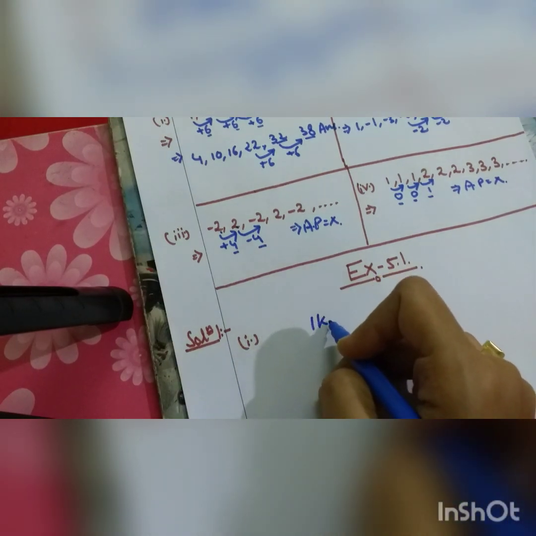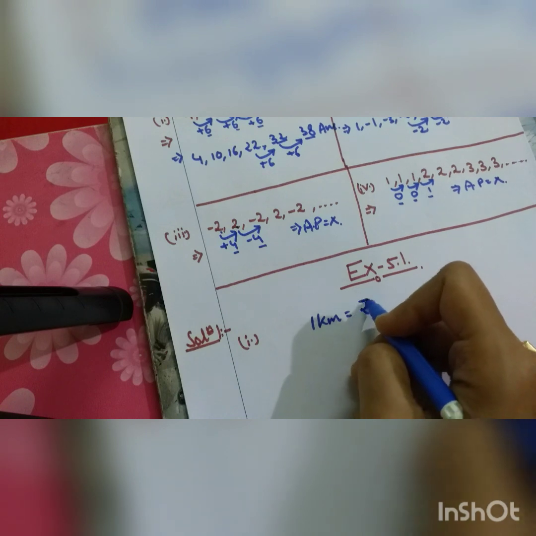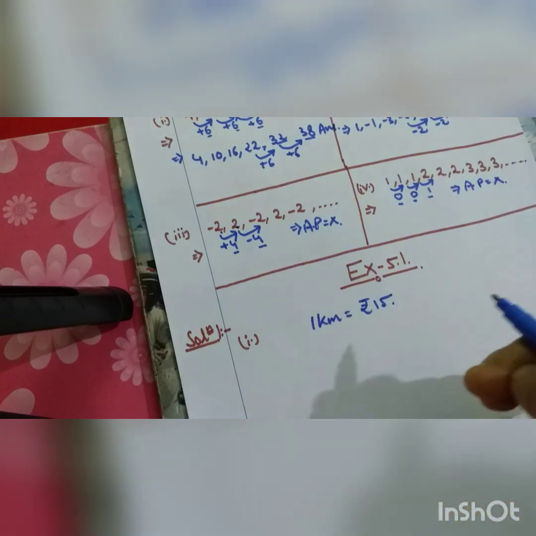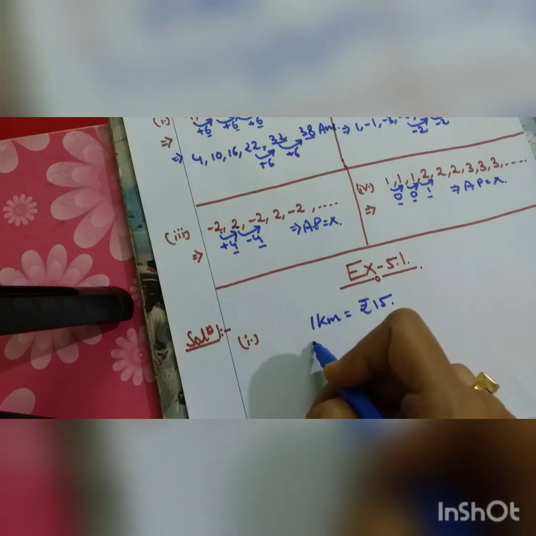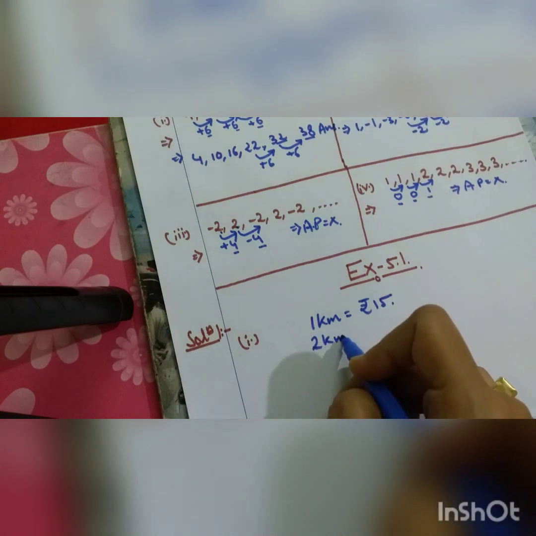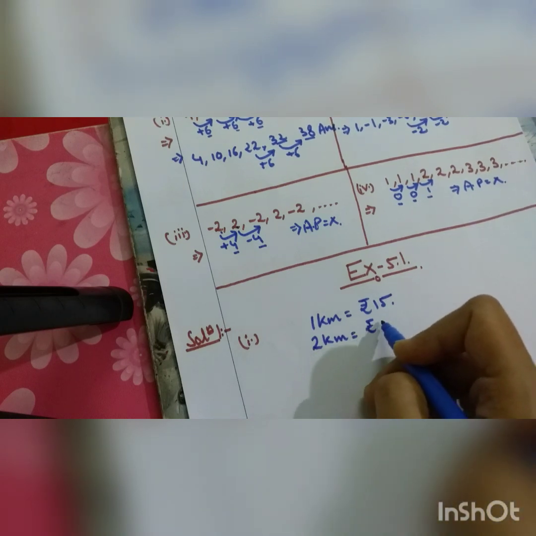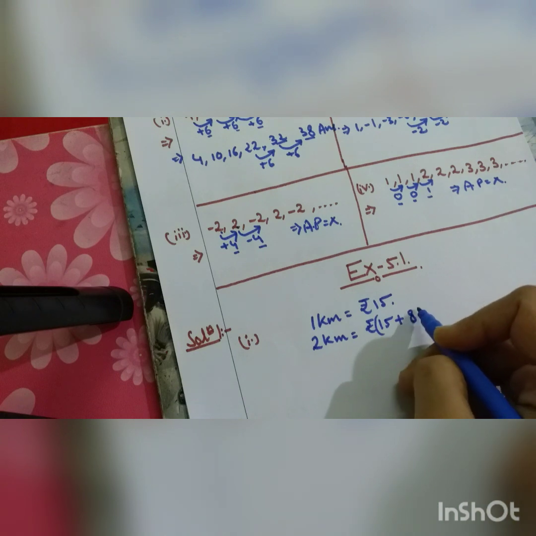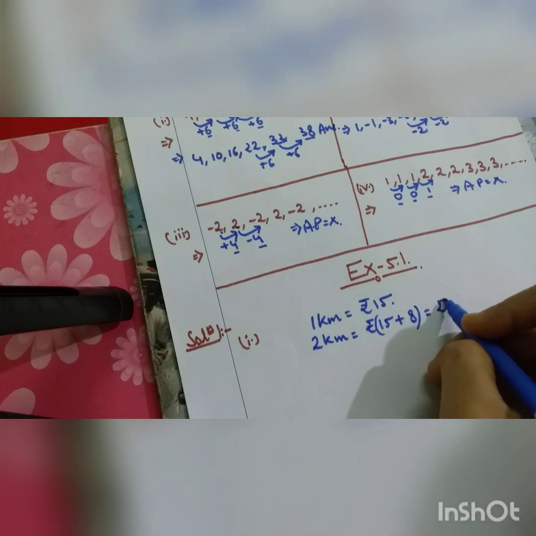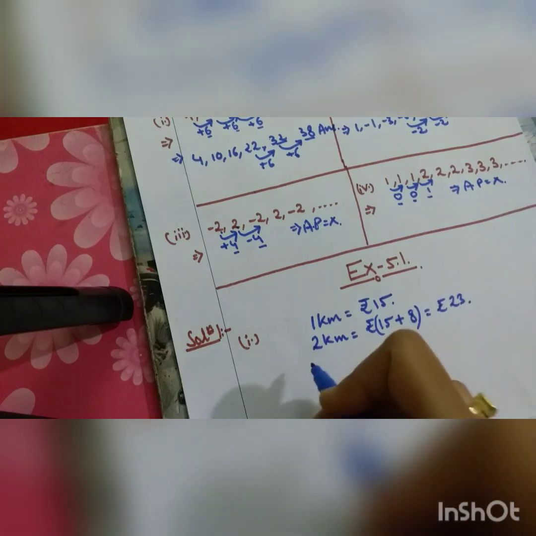For 1 kilometer it is charging you rupees 15, and rupees 8 it charges for the additional kilometer. Suppose you are going 2 kilometers. For 1 kilometer it is rupees 15 only, and for 2 kilometers the additional charge is 8. So when you add, you get 23.